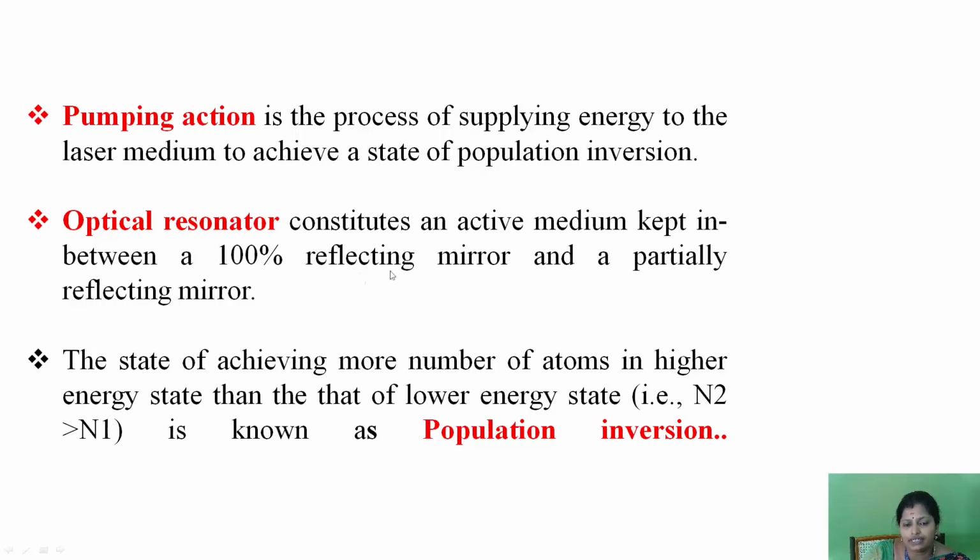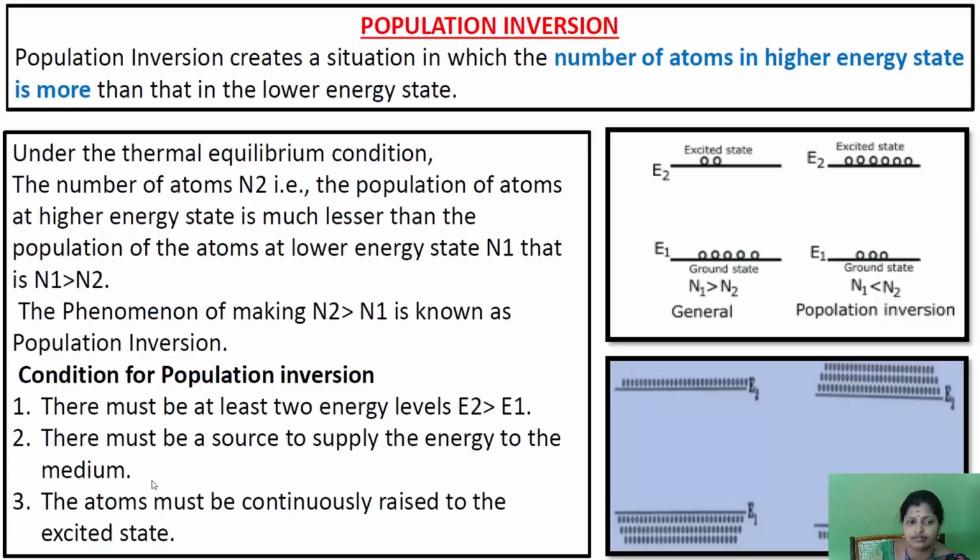For the optical resonator, we have to consider both ends: one end is a 100% reflecting mirror, the other end a partially reflecting mirror. And third one, population inversion: the state of achieving more atoms in higher energy states than in lower energy states. That is, N2 is greater than N1, known as population inversion.